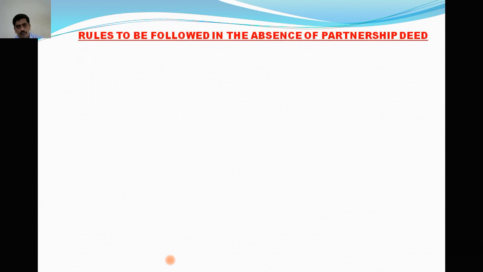Okay, now let's move on to see the next aspect, that is rules to be followed in the absence of partnership deed. In some cases, partners may not maintain a partnership deed.